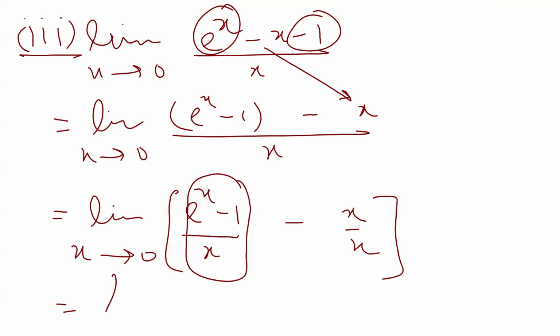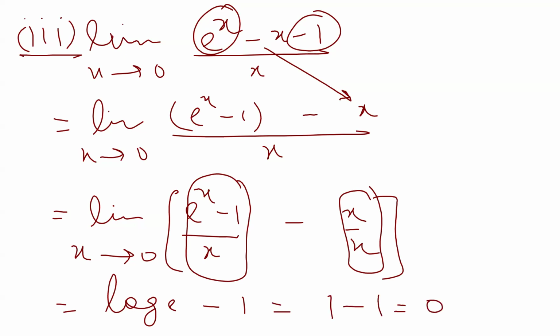This part, apply the formula, it becomes log e. This is x upon x, which is 1. So limit of a function minus some other function, you can give limits to both. So 1 minus 1 is equal to 0.